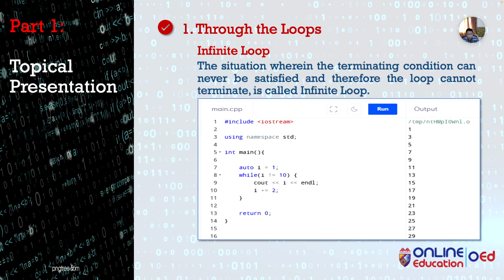For example, in this example, this condition can never be met because I takes on only odd numbers. It starts with 1, increment by 2, 3, increment by 2, 5, increment by 2, 7, increment by 2, 9, and then increment by 2, 11.